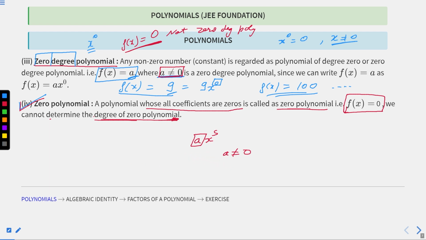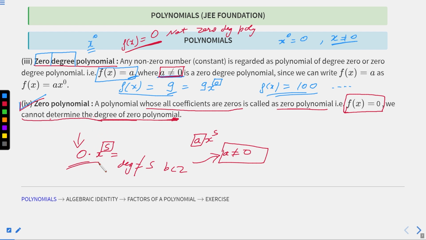If one asks what is the degree of 0 times x power 5, don't write degree equals 5, because this condition does not hold. Yes, the maximum power is 5, but the coefficient must not be 0. Here the coefficient is 0, so degree is not equal to 5. We say in such cases the degree cannot be determined. I hope this is clear.